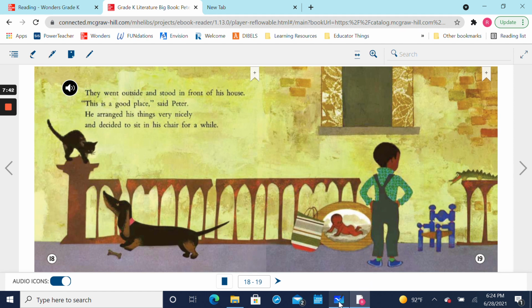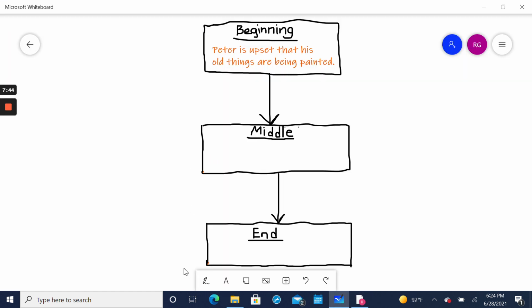So let's add that to our flow chart. In the middle of the story, Peter took his chair and ran away.